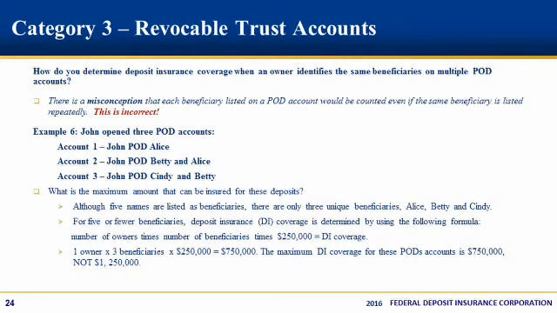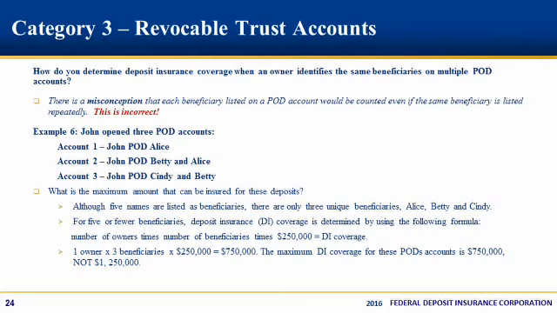On the second account, John named his daughter Betty, and again his daughter Alice as his beneficiaries. Finally, on the third account, he named his daughter Cindy, and again named Betty as his beneficiaries. Assuming these are the only revocable trust accounts that John has at this bank, what is the maximum insurable amount for these deposits?